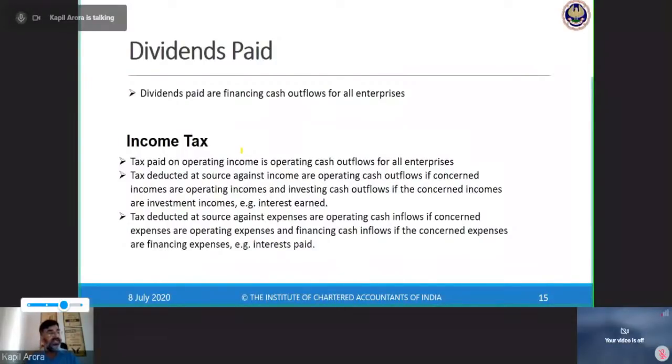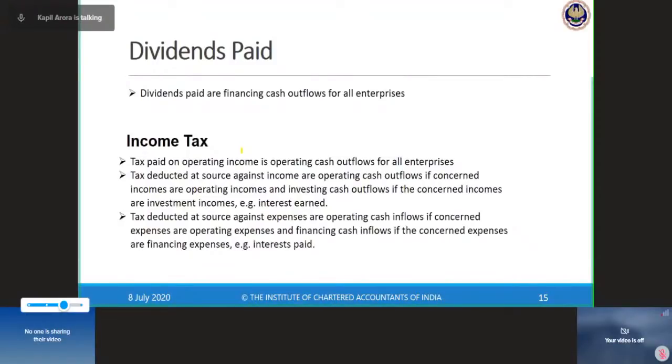Now, dividend paid. Dividend you always pay to your equity shareholders and preference shareholders also, which is the source of your fund.